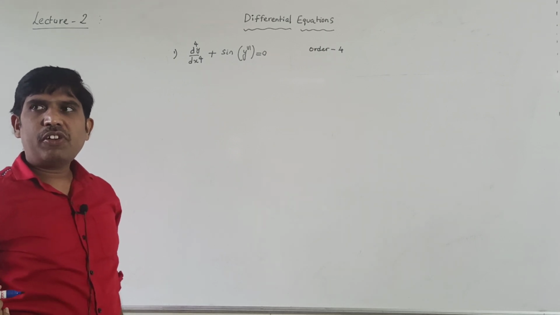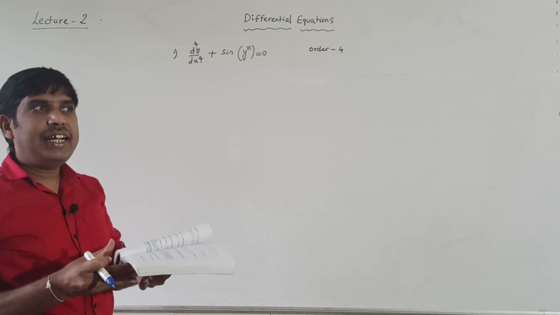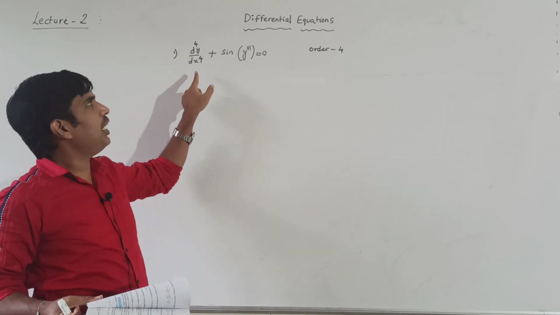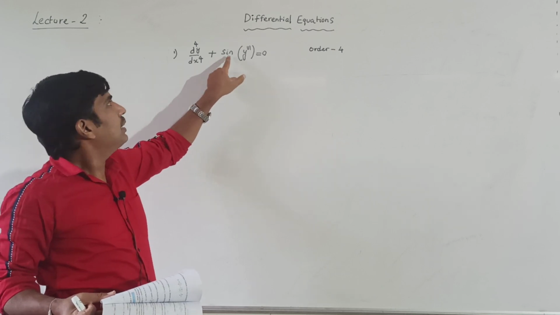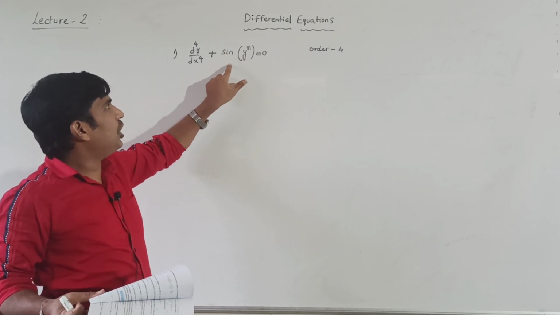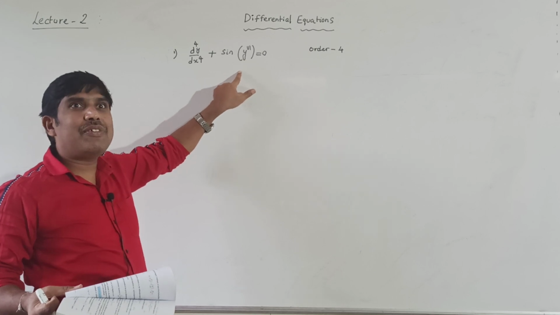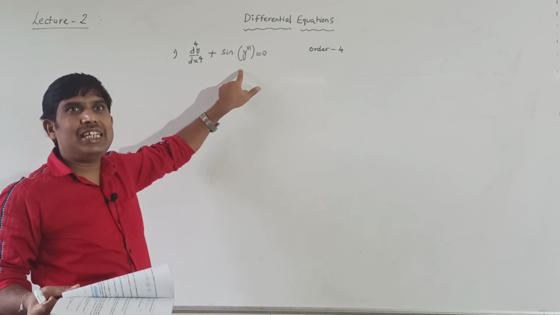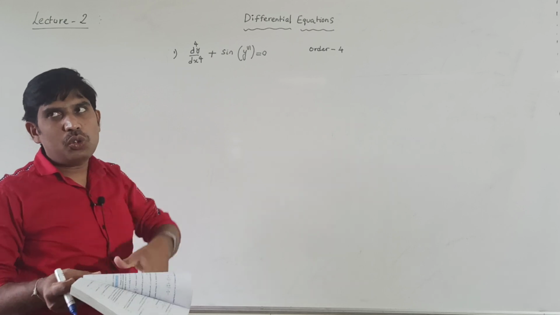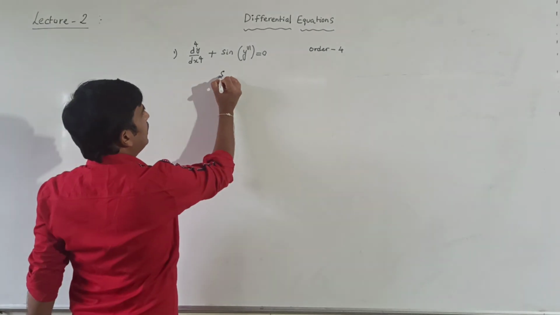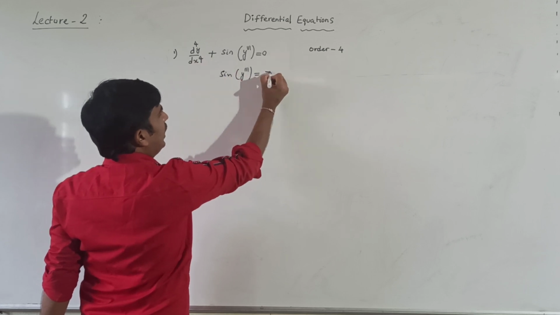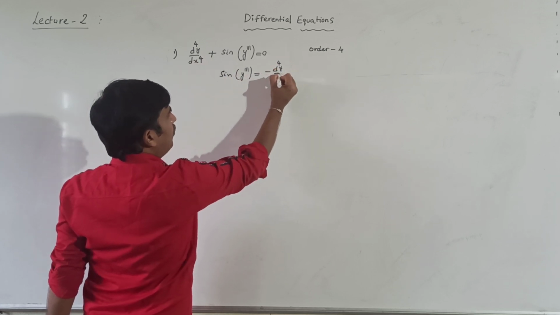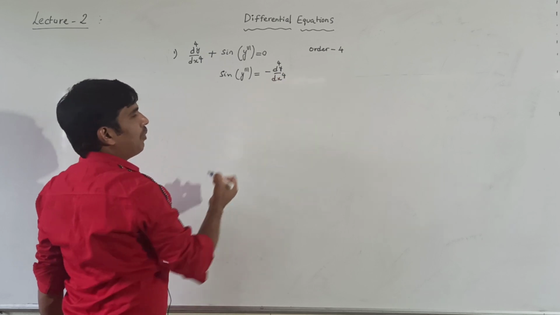Understood? Now for finding the degree, does this differential equation include a transcendental function? Yes. Sin is a transcendental function, and here it includes a derivative. Now observe, suppose sin y triple dash is equals to, what will we get here? Minus d power 4 y by dx power 4.